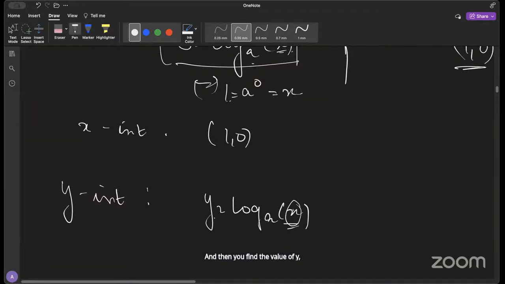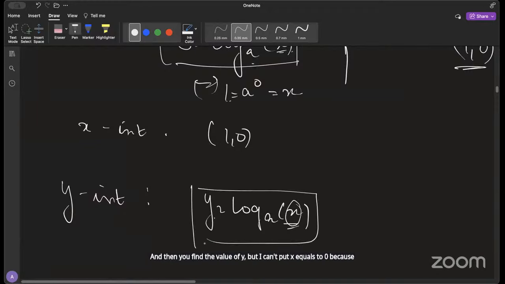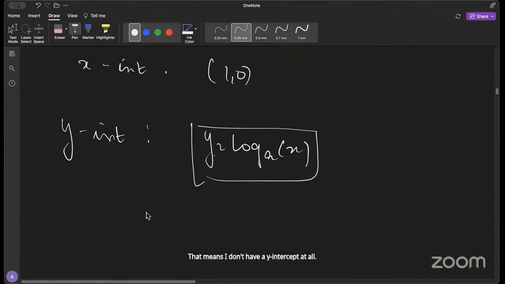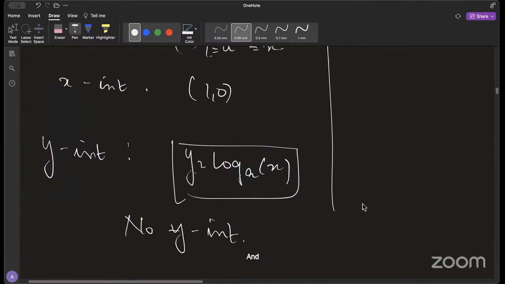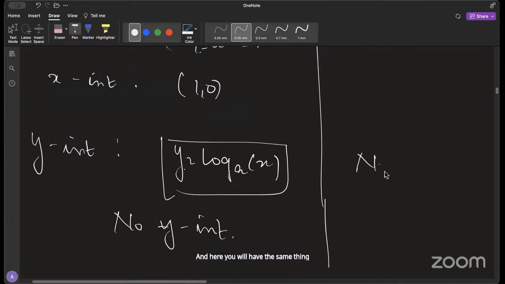But I can't put x equals 0 because for this function, the domain is x greater than 0, right? That means I don't have a y-intercept at all. No y-intercept. And here you'll have the same thing, no y-intercept.